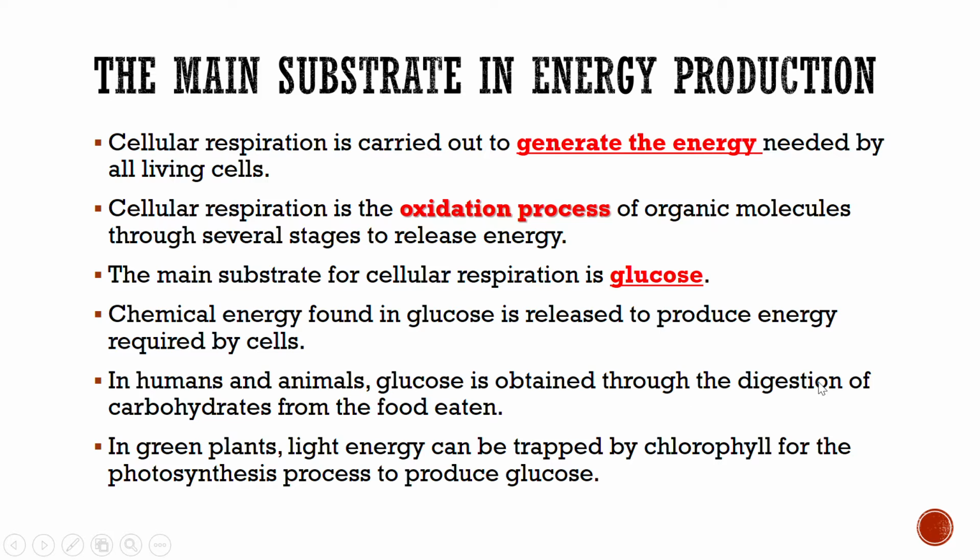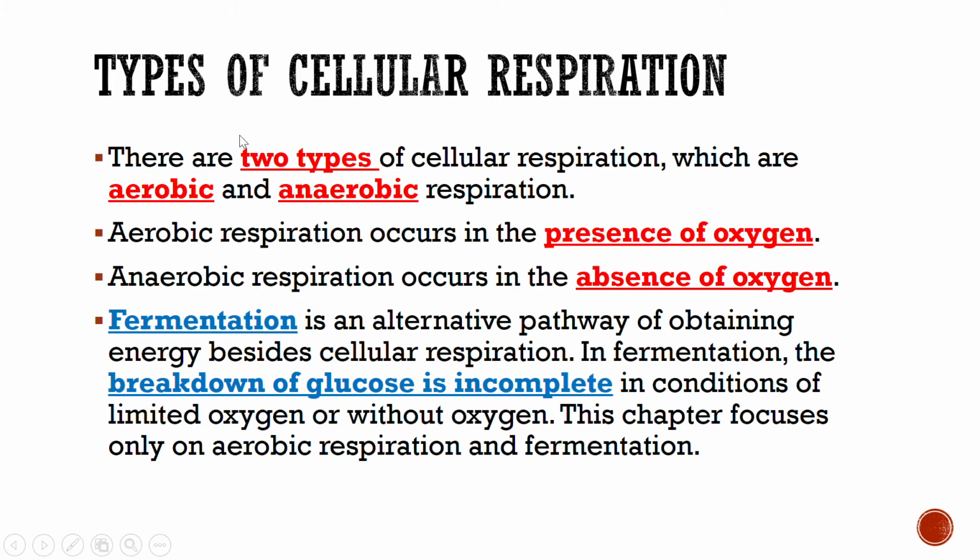The end product of carbohydrates is glucose. Glucose is a type of monosaccharide. So in green plants, where do they get glucose? They don't eat like human beings and animals, so green plants have to synthesize glucose themselves by the process called photosynthesis.